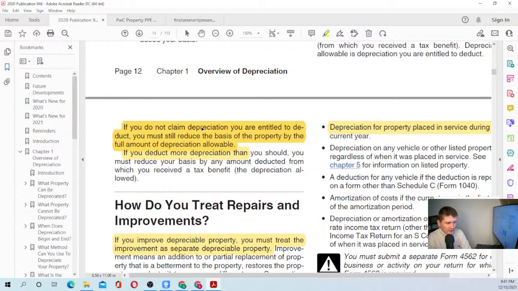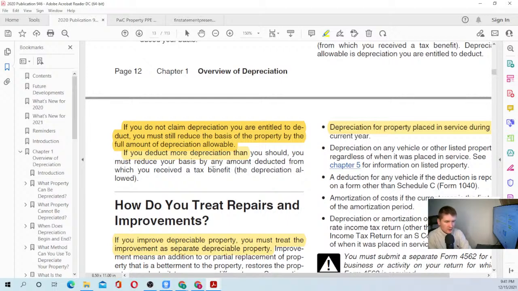If you do not claim depreciation you are entitled to deduct, you must still reduce the basis of the property by the full amount of depreciation allowable. If you deduct more depreciation than you should, you must reduce your basis by any amount deducted from which you received a tax benefit.